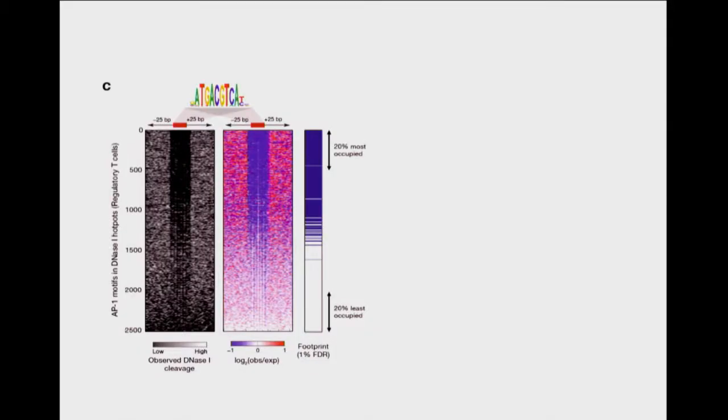If you do that, you get a picture that looks something like this, and this is done for another factor, it looks like AP1 there. Here, in regulatory T cells, there are about 2,500 different instances of this recognition sequence in DNase hypersensitive sites.